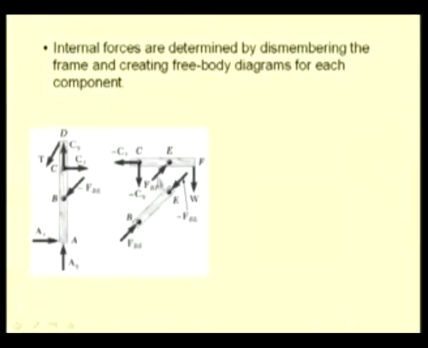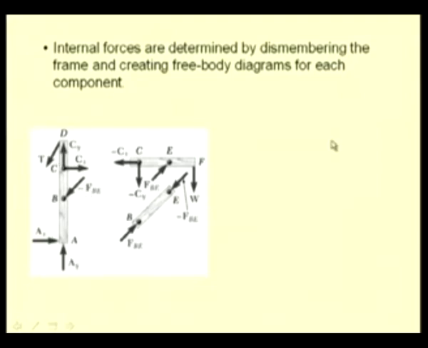This free body diagram just shows that this force FBE is equal and opposite to this force FBE at this point B. So, from these free body diagrams, we have 6 equations to determine the 6 unknowns, that is CY, CX, FBE, AY, AX and T.